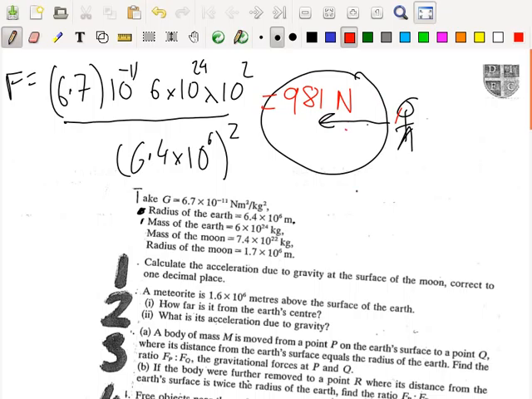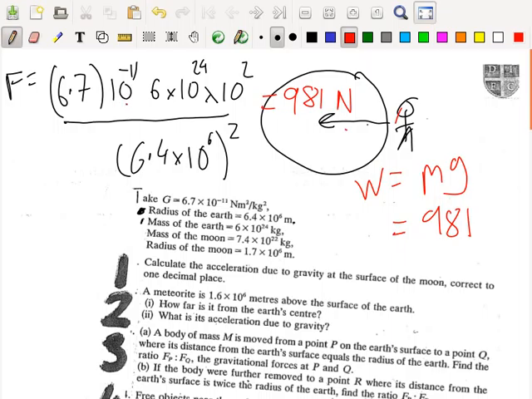And what's the formula for weight? F equals mg. And what's the m? That is 100. And what's the g? 9.81. 100 multiplied by 9.81 is 981. The same. It should be the same, right?